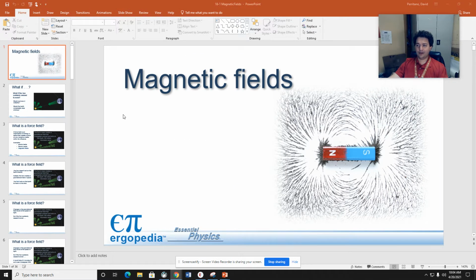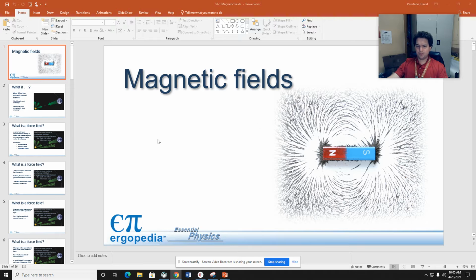And when we talk about the magnetic fields themselves, I like this picture a lot. A lot of people just skip past the title slide. Take a look at this picture. This picture shows ground up iron, we call them iron filings, that have been sprayed around a magnet. Sure, you see that it clumps at the poles, north and south, but notice these curved lines.